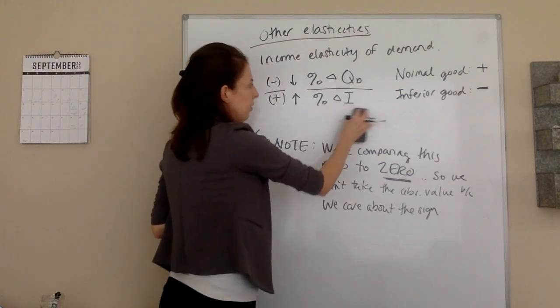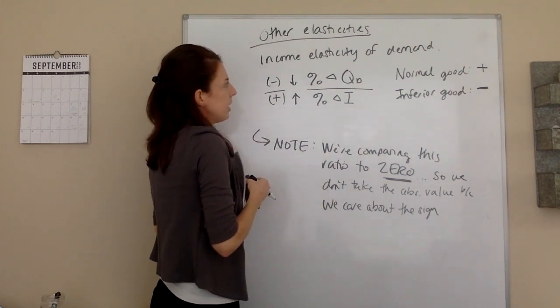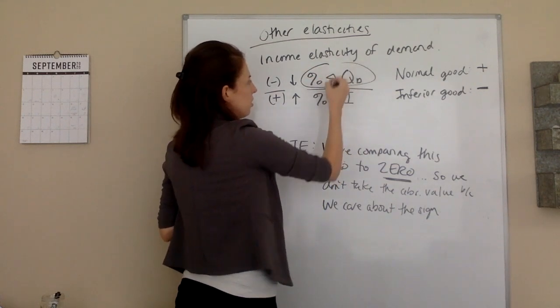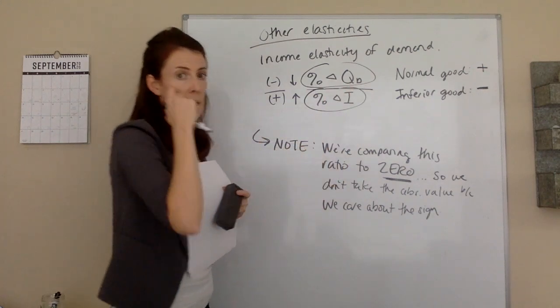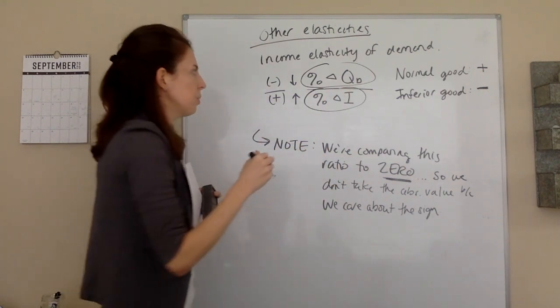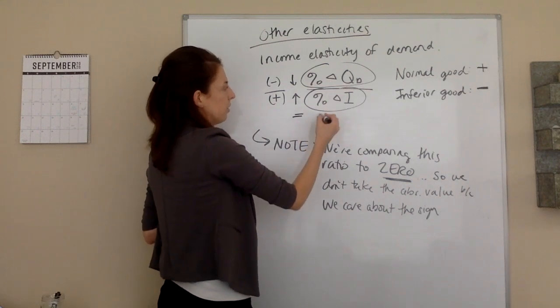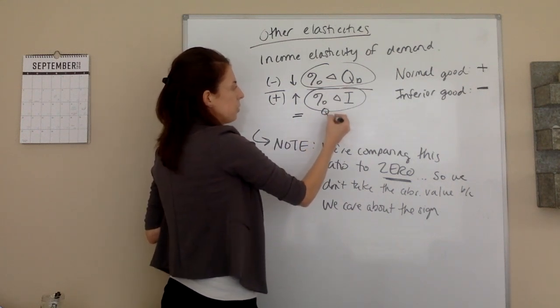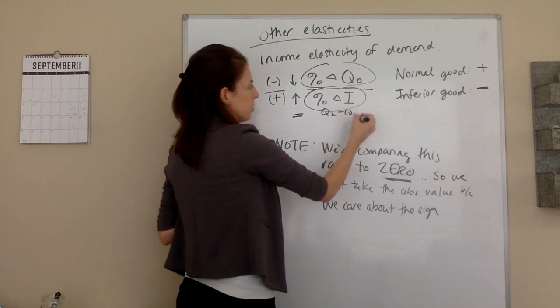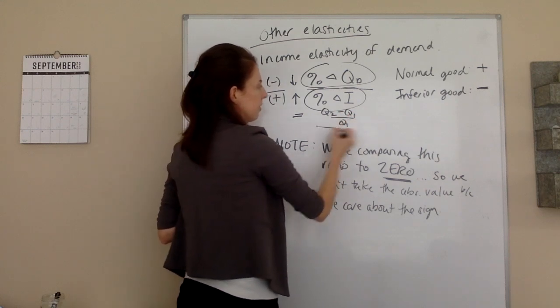Just FYI, anytime you're calculating a percent change in something, you can use the same pattern that we had for price elasticity of demand. So specifically, how you calculate this is the numerator would be the second quantity minus the first quantity divided by the first quantity.